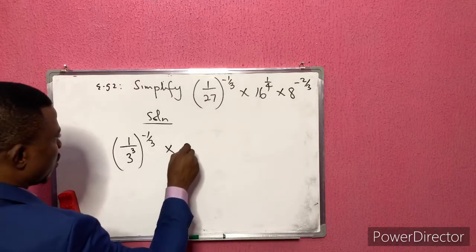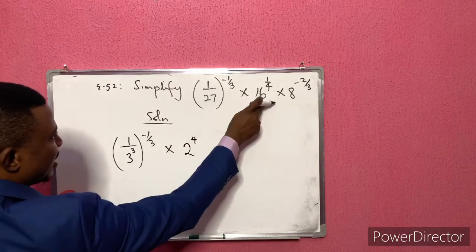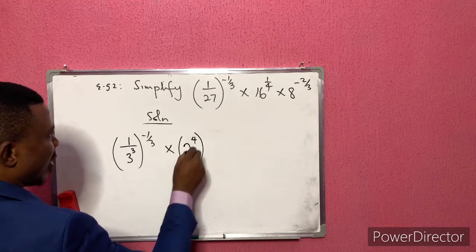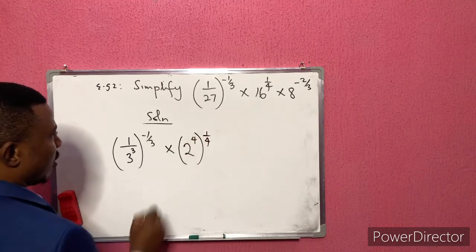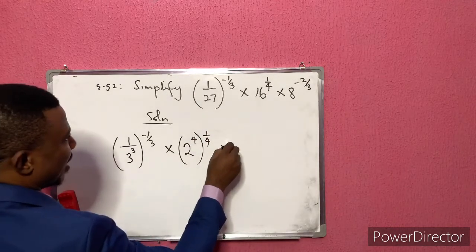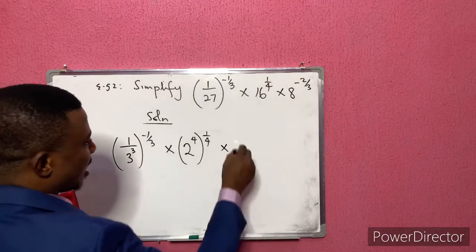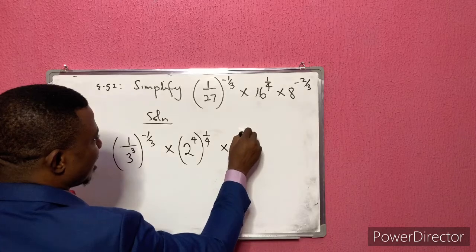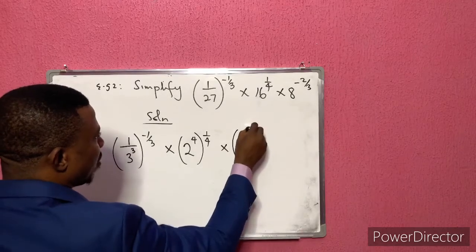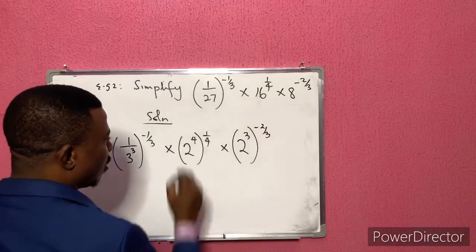So 2 raised to power 4 is 16, all raised to power 1 over 4. Multiplied by 8. 2 times 2 times 2 is 8. 2 raised to power 3 is 8, all raised to power minus 2 over 3.